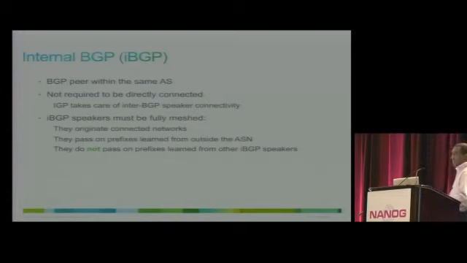And there are ways to avoid that. We'll discuss that later on. But since that's a fundamental requirement, obviously it's not possible to have direct connectivity between iBGP speaking routers. Some of them may be, but in most cases not. Okay. So it's not a requirement to have a direct connection between iBGP speaking routers, but it is important to have that direct connection between eBGP speaking routers.